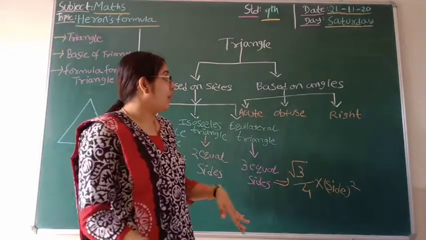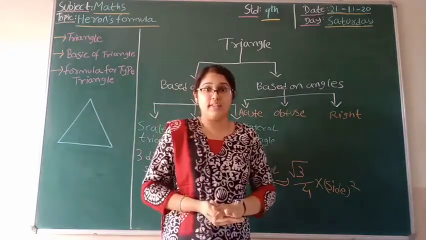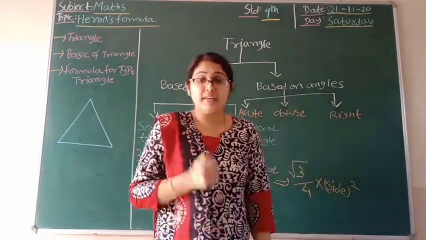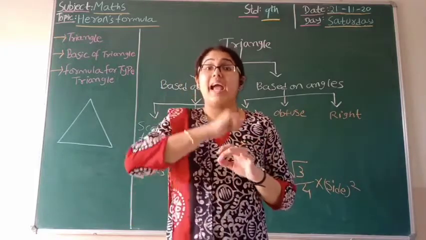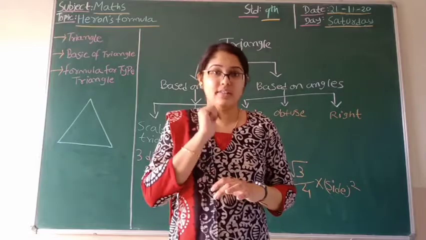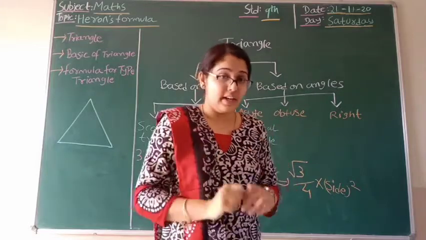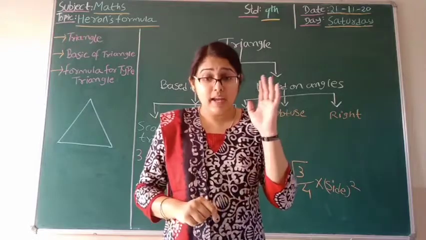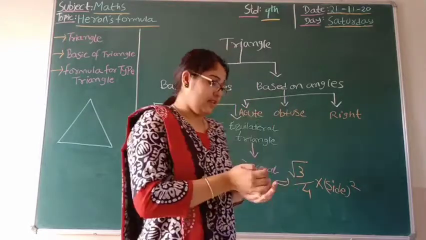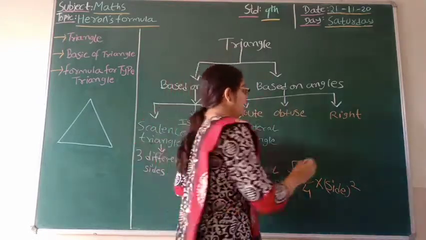Now if we go to the right angle triangle, it is the triangle in which the angle is 90 degrees. I am drawing it over here.